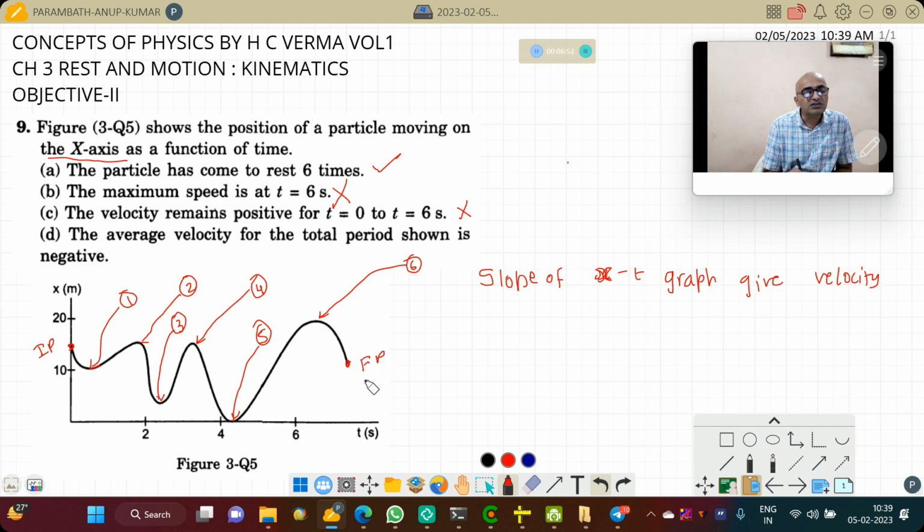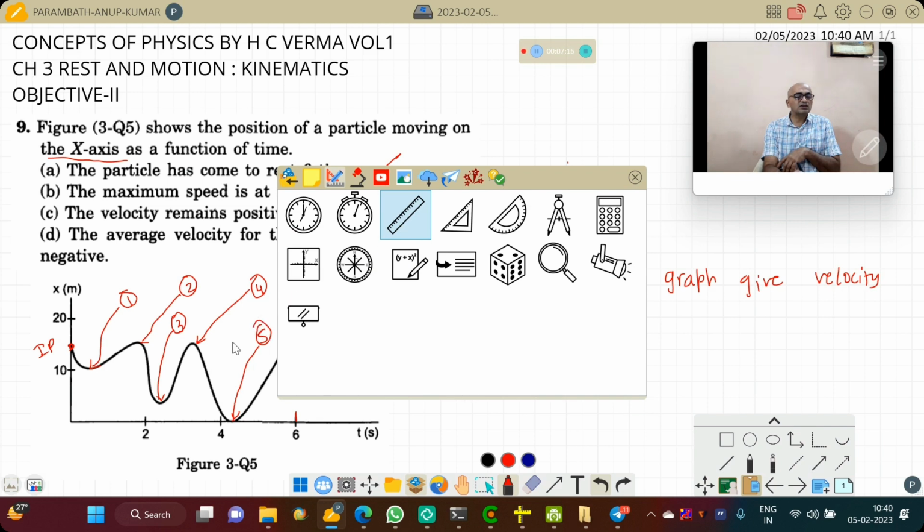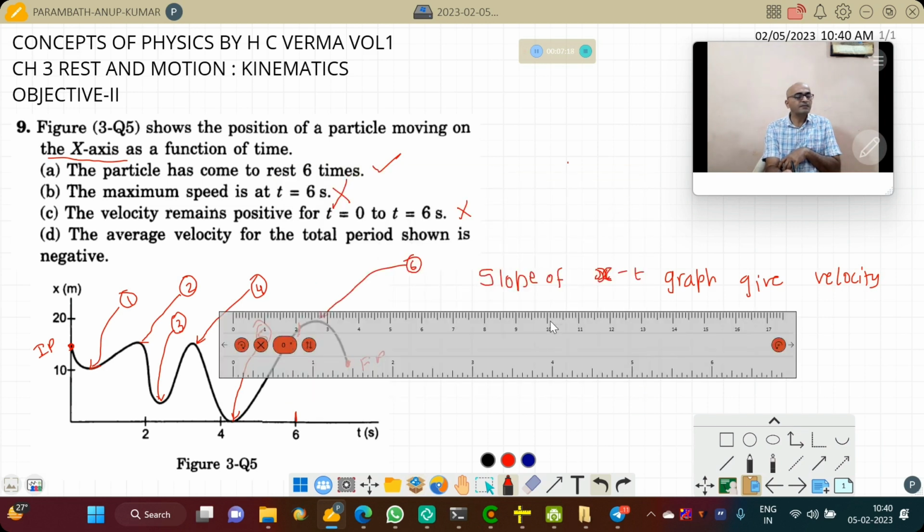See students, HC Verma says in the book that only A is correct. Please understand. If you are considering that location as only this interval, the sixth second, then it is true. How? I will take a scale and show you this. For example, this is my ruler here.